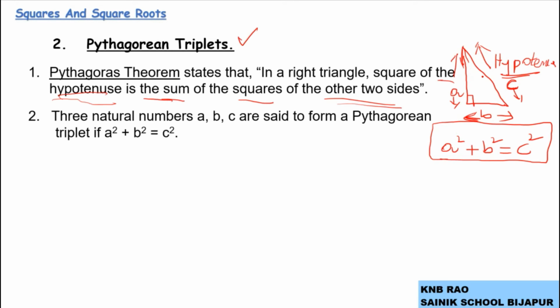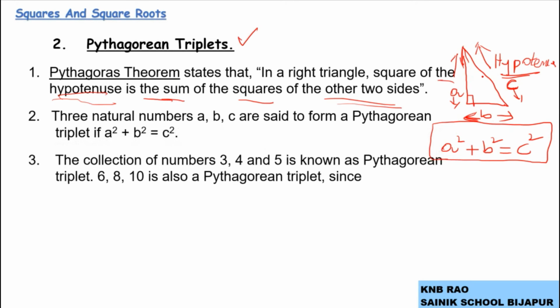Now, example for such collection. So, the collection of numbers 3, 4, 5 are known as Pythagorean triplets. Why they are called Pythagorean triplets? Reason is simple. 3 square plus 4 square, which is 9 plus 16, whose sum is 25, and 25 can be written as 5 square.